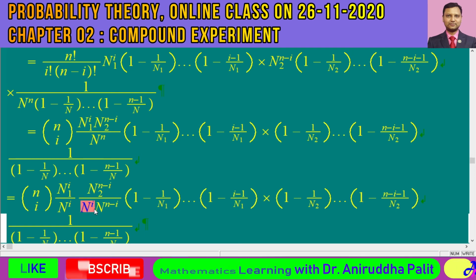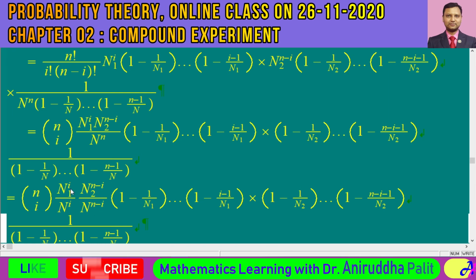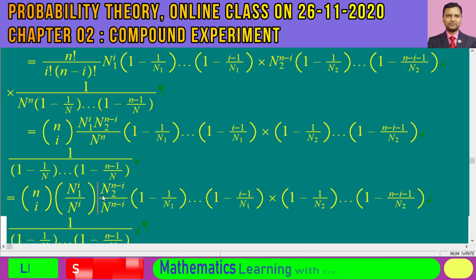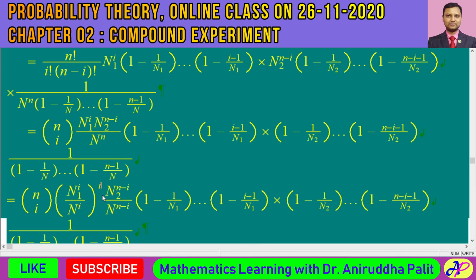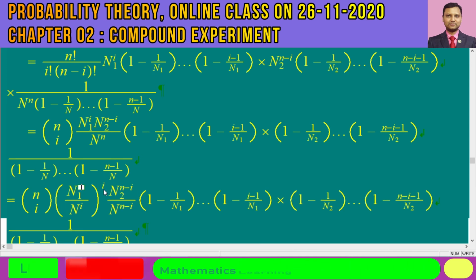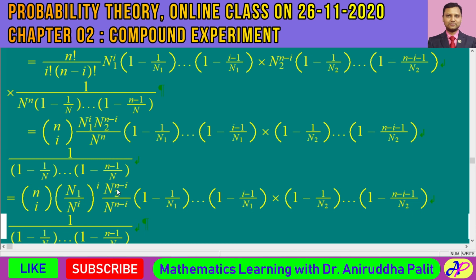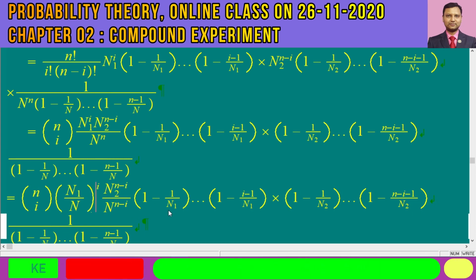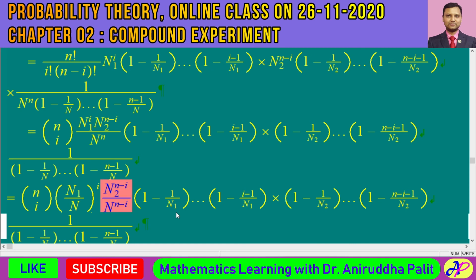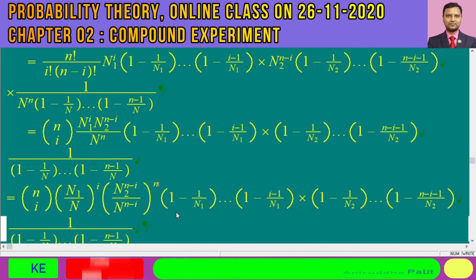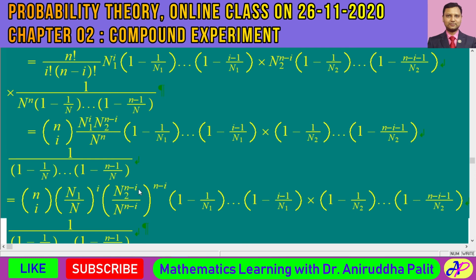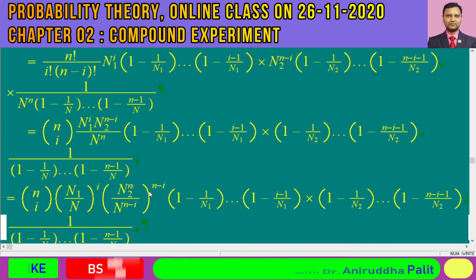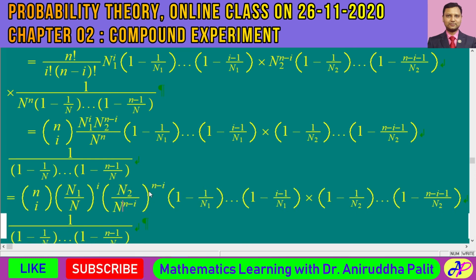One factor is n1 to the power of I divided by n to the power of I. Another is n2 to the power of n minus I divided by n to the power of n minus I. Therefore, this factor can be written as n1 by n, multiplied by this factor, which can be written as n2 by n to the power of n minus I.